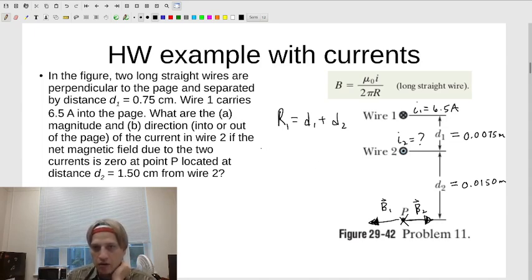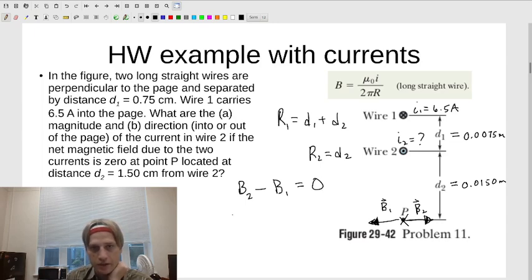Then we know that our R2 is equal to D2. And then we would simply need to set up our equations. Let's use our directions as x direction. So B2 minus B1 would be 0.